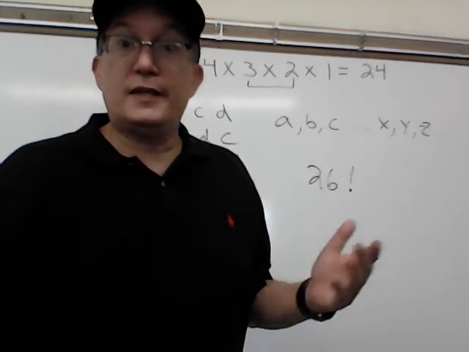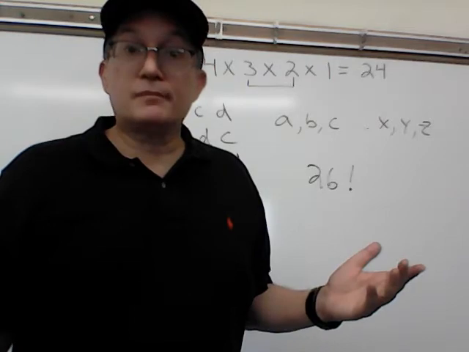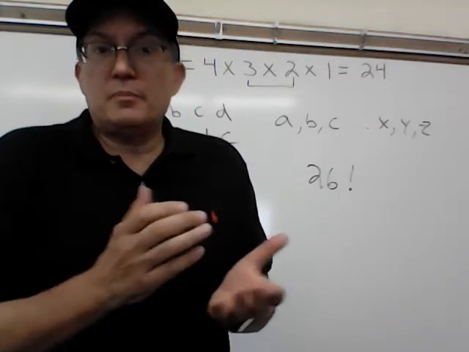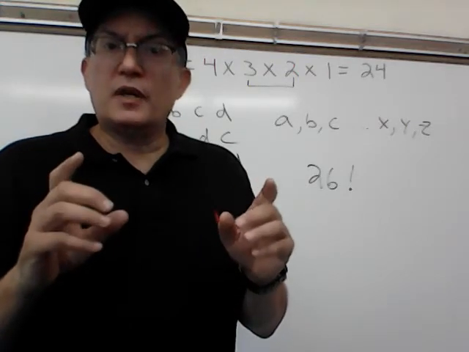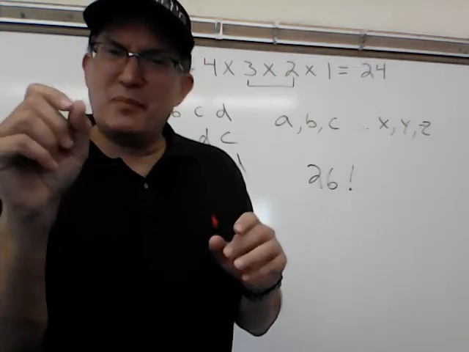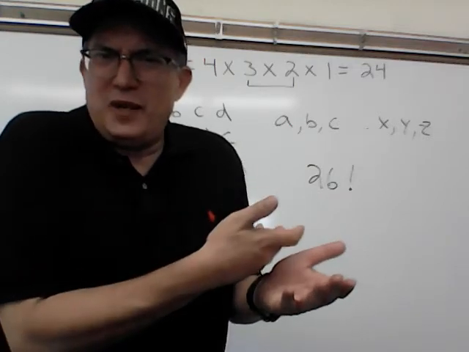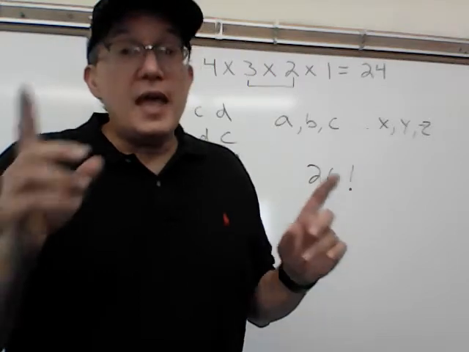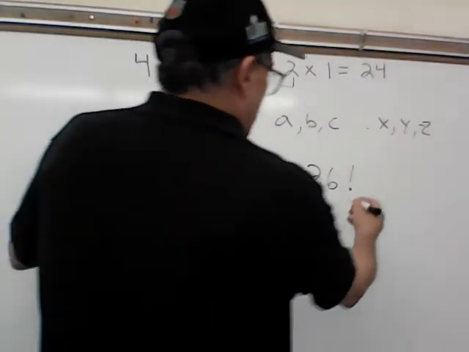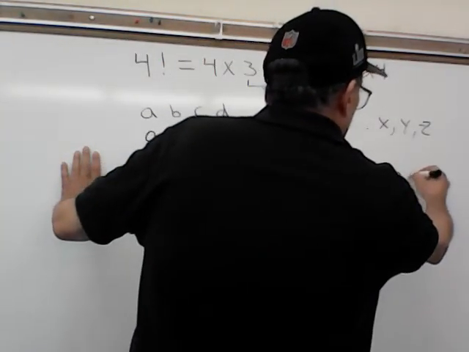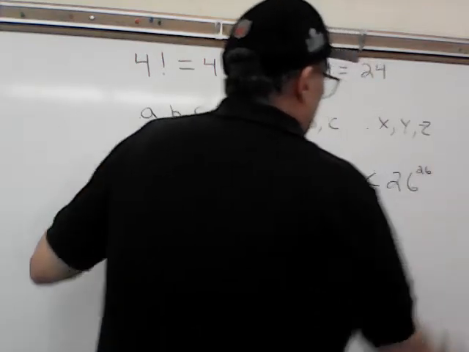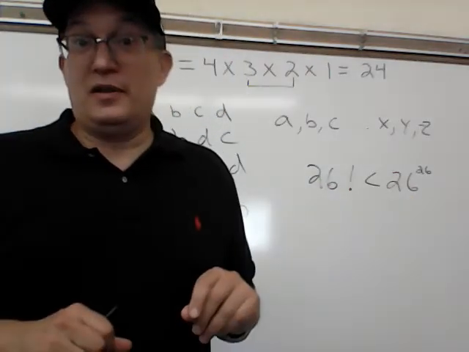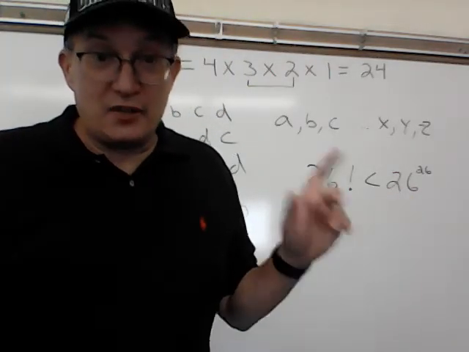You'll run into it in some high school courses now and then, but it's a very simple concept. It's important to realize, though, that if the number gets just somewhat big, and 26 is not a very big number, you put a factorial after it and it's a huge number. It's not, by the way, as big as 26 to the 26th power. That's much bigger, right? Now think about this for a minute.